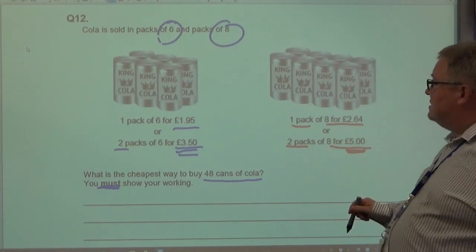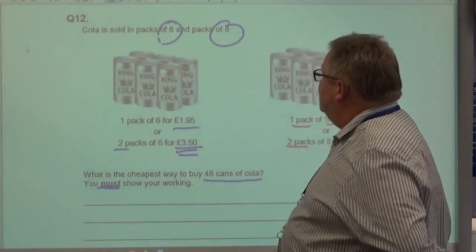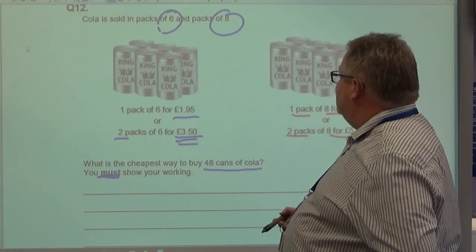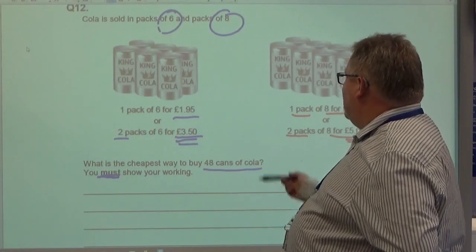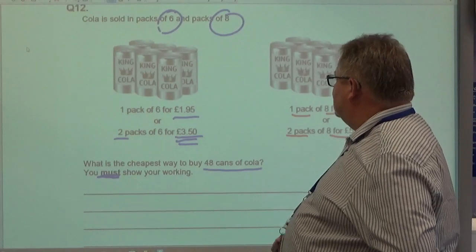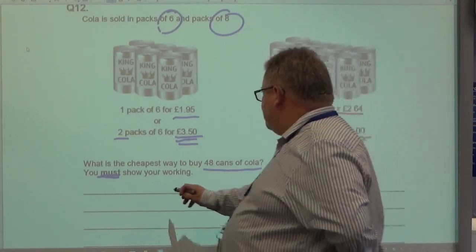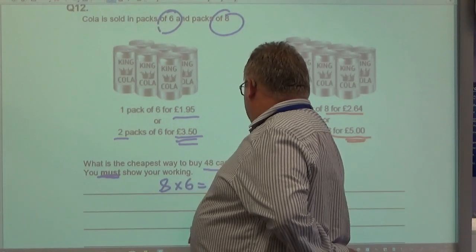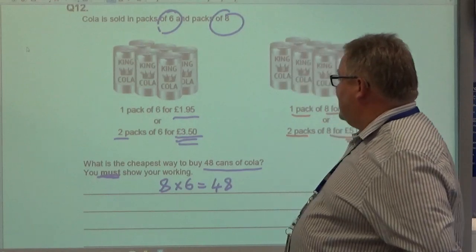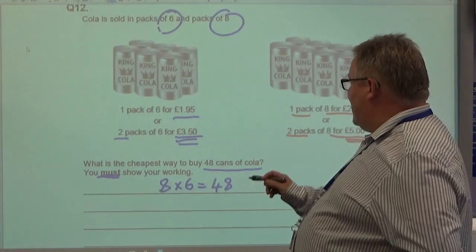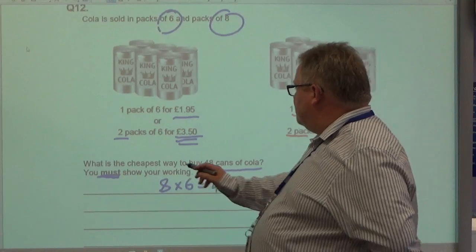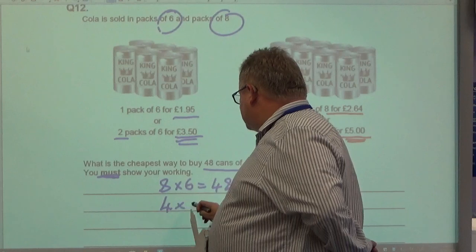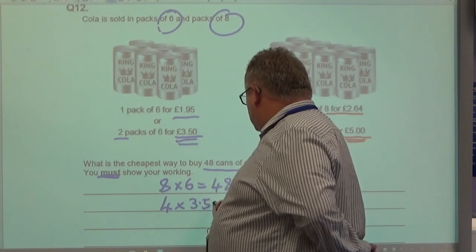So let's work it out for the 6 pack. So 48 cans. We'd have to buy how many packs of that? We'd have to buy 8 packs of that, because 8 sixes are 48. So that would mean that if we were buying 8 of those, it would be 4 lots of 2 packs. So it would be 4 times £3.50.